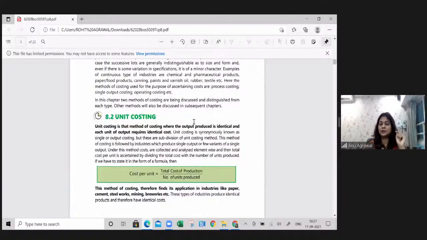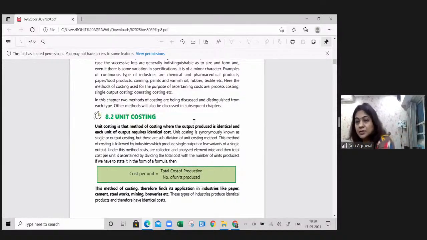When you talk about unit costing, the product which is being produced comes out of production one by one, and the products are identical, right? Every time the product that comes into existence is identical. Let's say I'm producing a cup. Every time the cup which comes into existence is the same identical cup. Let's say medicine.